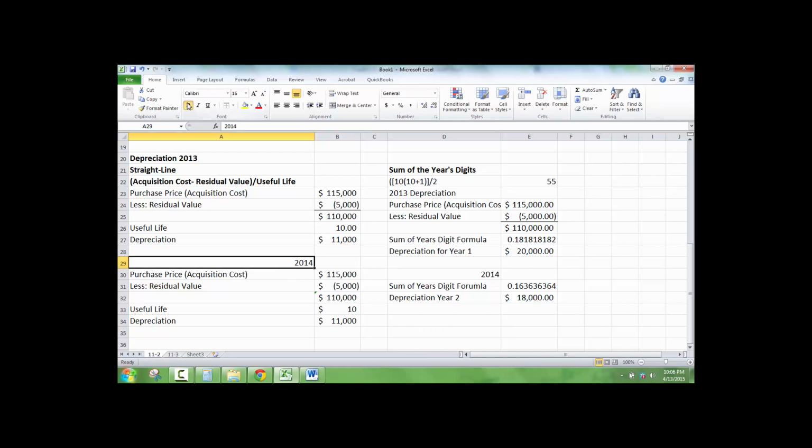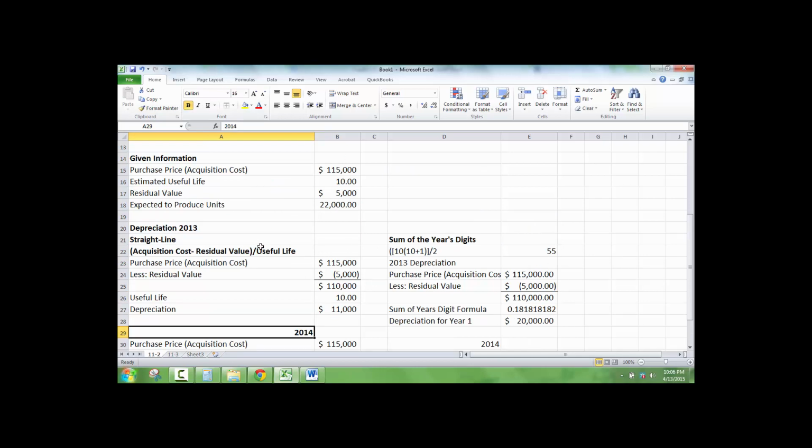Okay, so now we're going to move on to double declining balance. So now we're going to calculate the straight line rate.